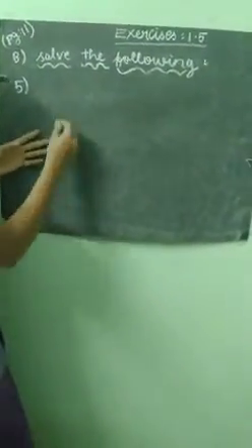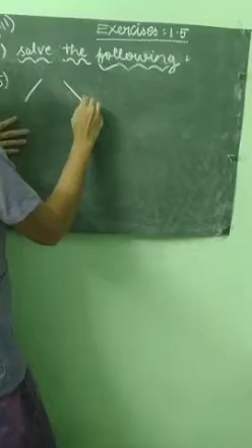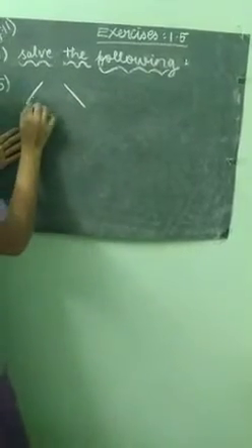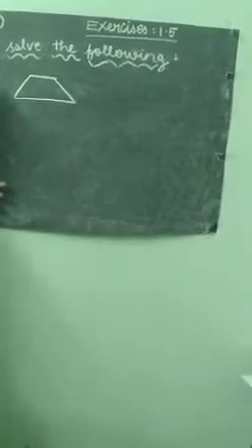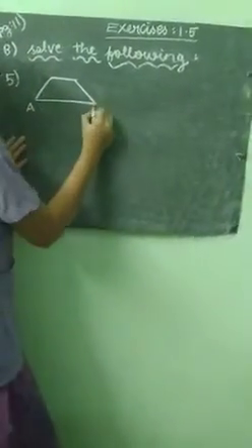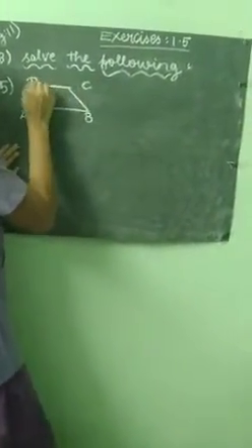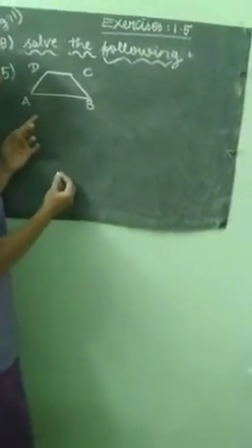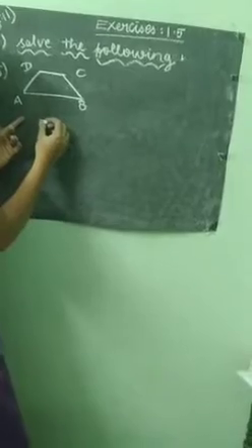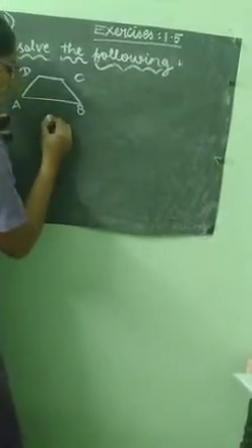How do you draw the trapezium? Put the 2 lines like this. Then join this. This is a trapezium. Then put the name ABCD. In the question itself they are giving the centimeter.